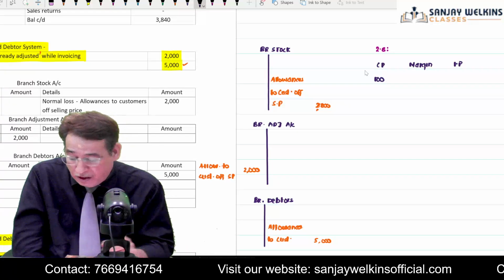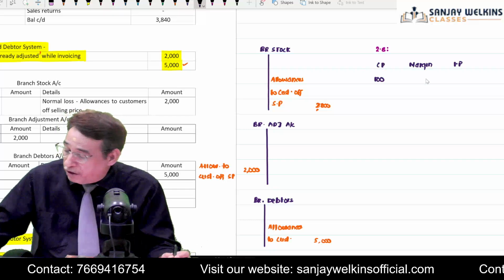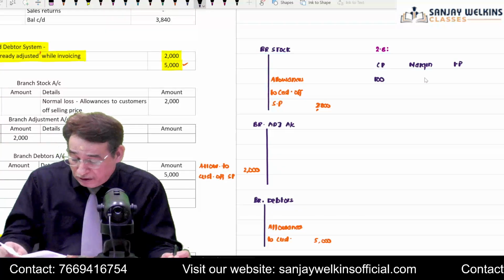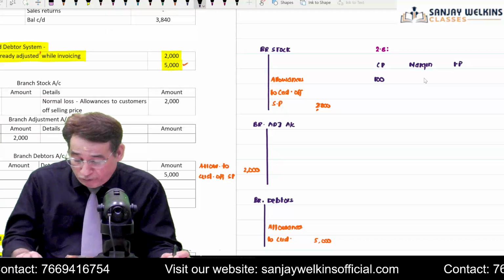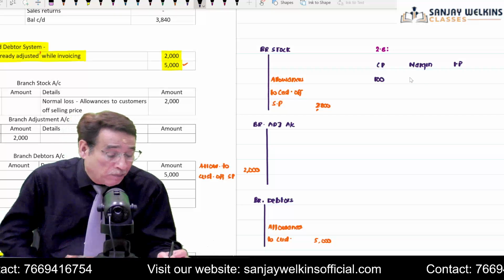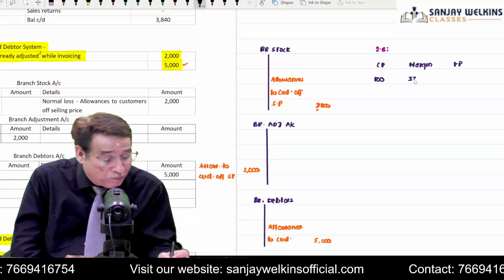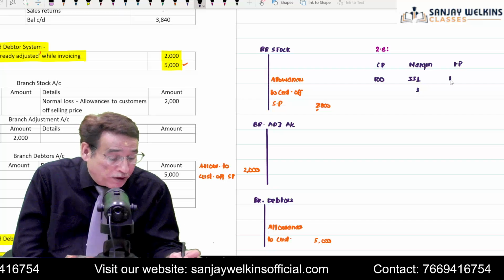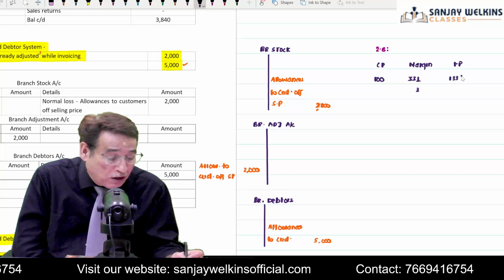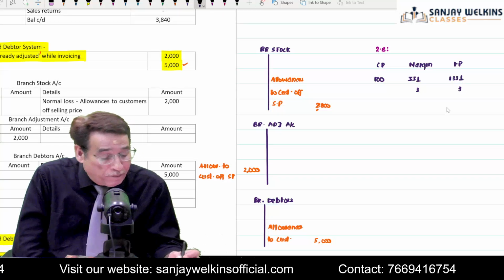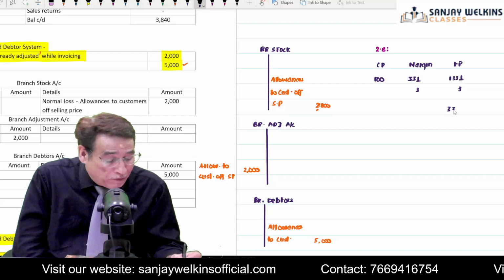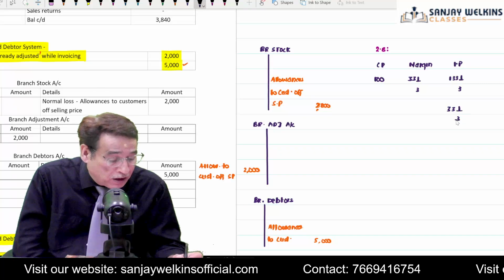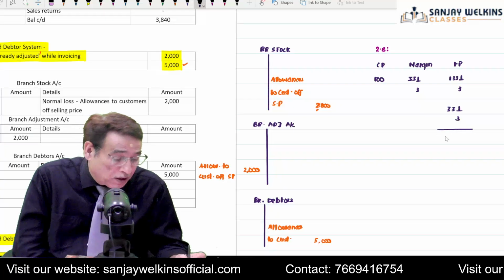It is given in the question that goods are being invoiced at cost plus 33 1/3%. So 33 1/3 will become your margin and your invoice price will be 133 1/3. So in the numerator I will be writing 33 1/3 and in the denominator I will be writing 133 1/3.